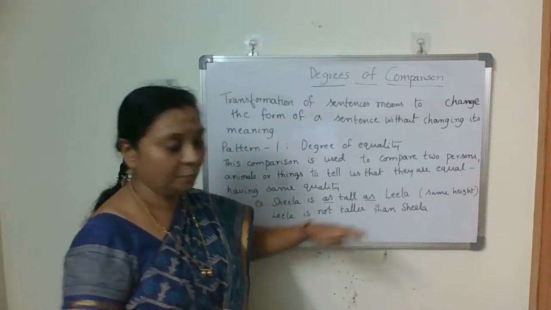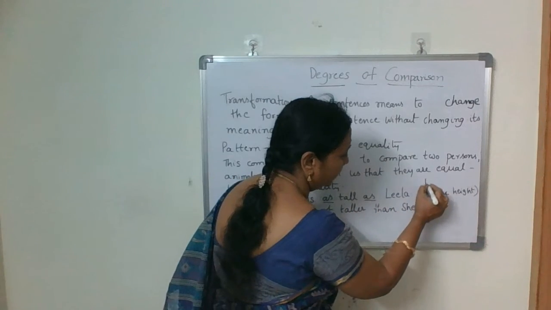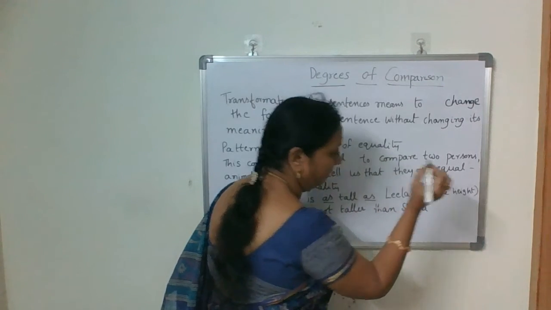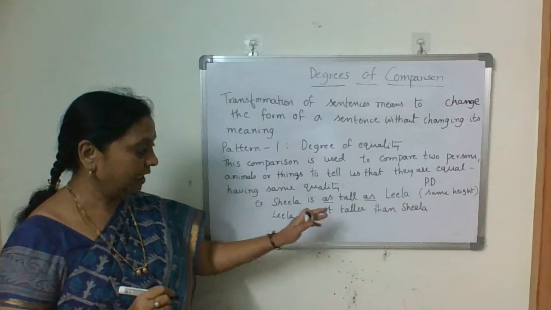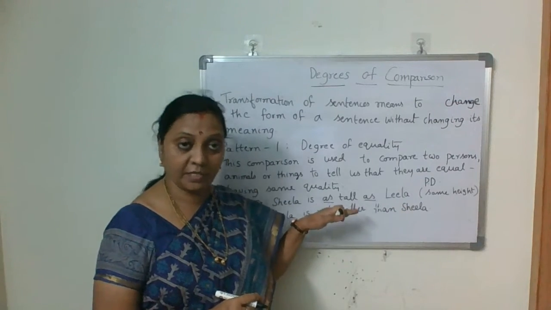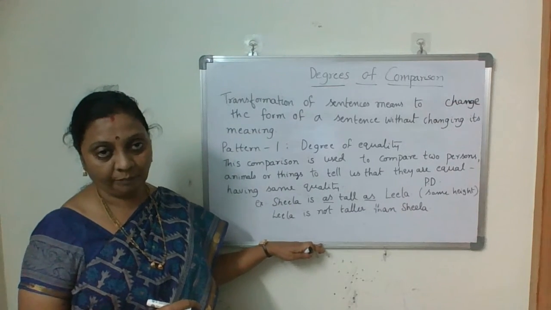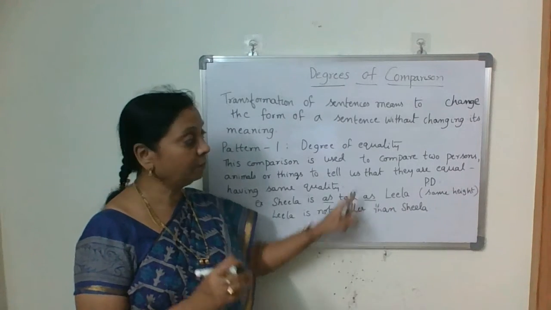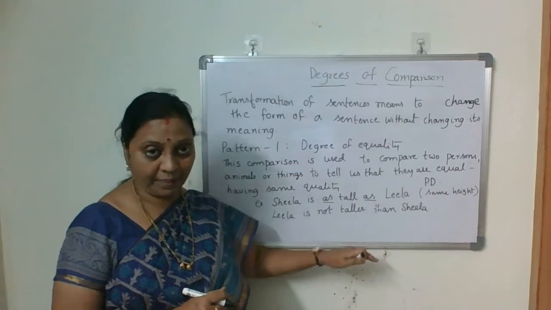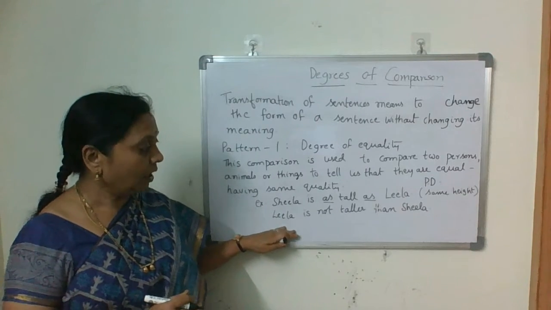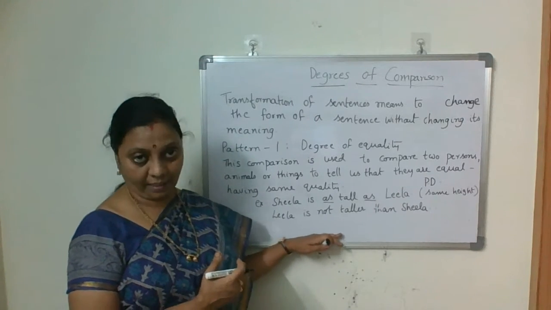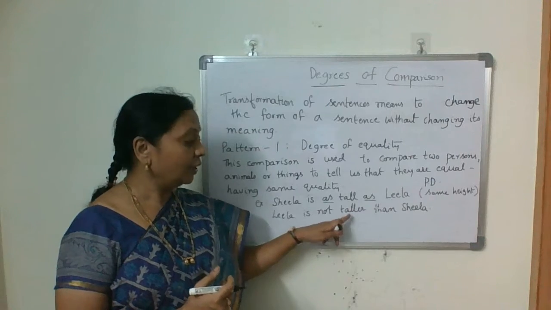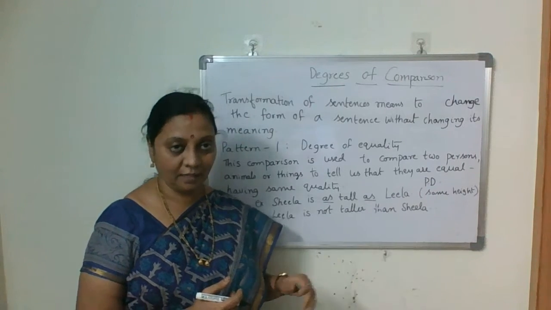Then this is in positive degree. PD means positive degree. If you want to change this into comparative degree, whenever you transform, you should change only the form, but you should not change the meaning, isn't it? So how do we write? Leela is not taller than Sheila.